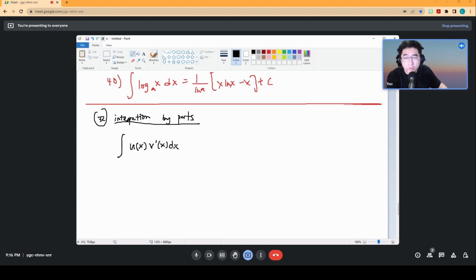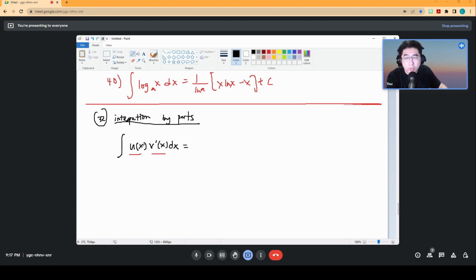It can be anything. It can be x power n, it can be trigonometry, it could be log, any combination.